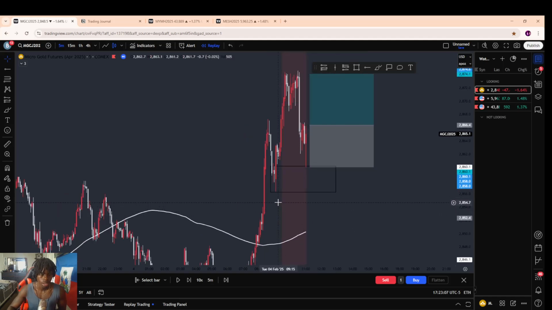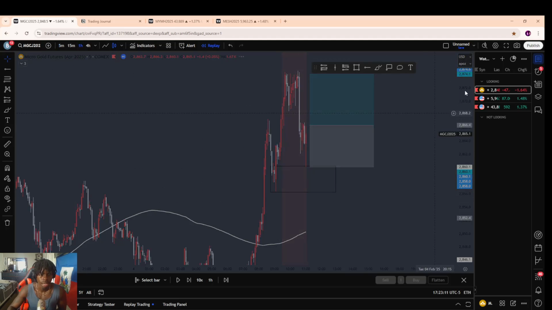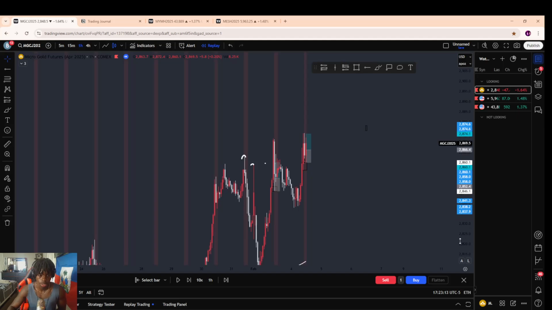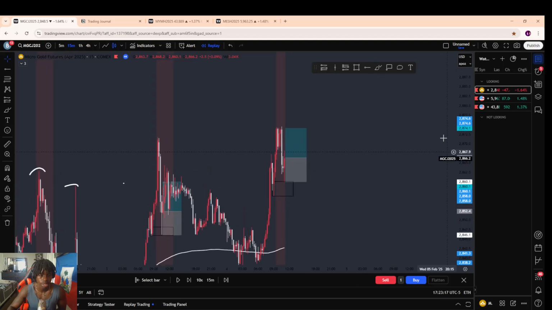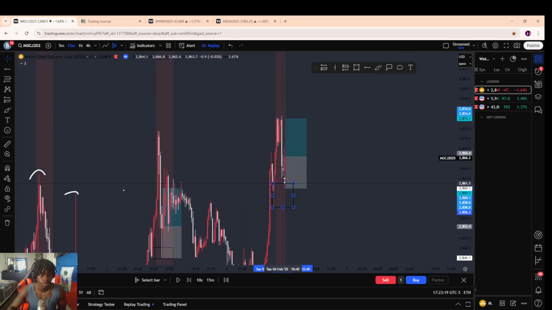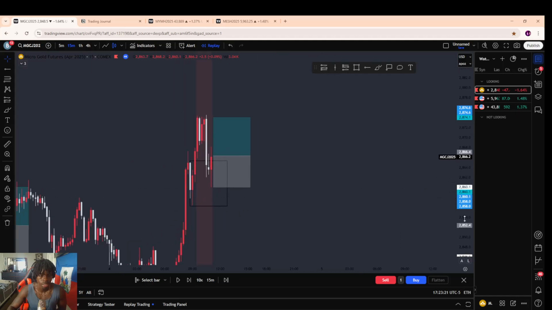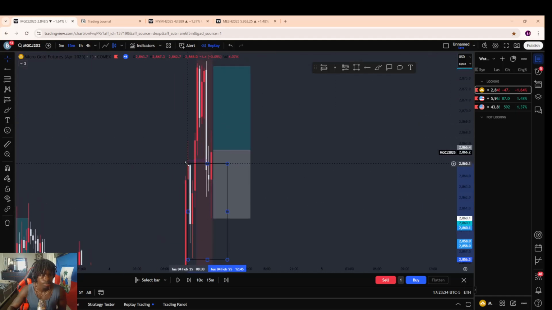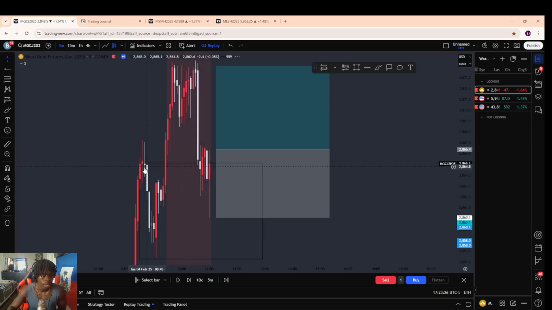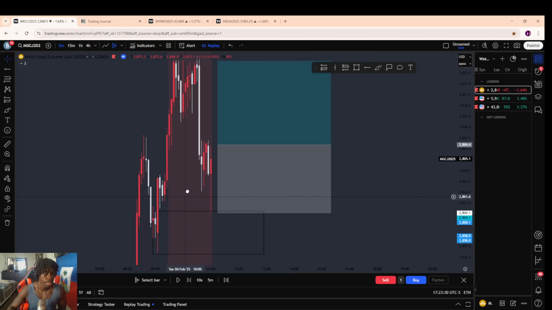I looked on the 1 hour and saw that we were bullish there as well. On the 15-minute, this is also again a 15-minute demand, as you can see. And I just scaled it down to the lowest candle that has a gap.